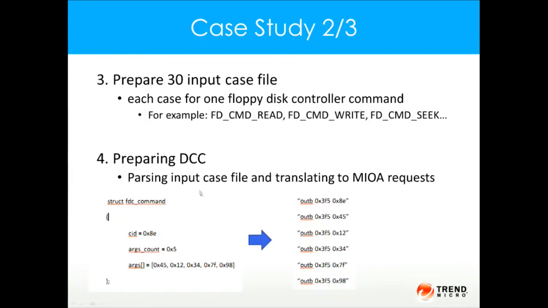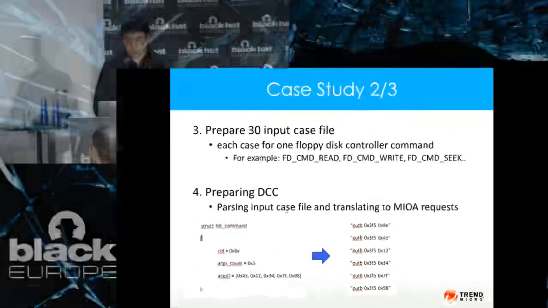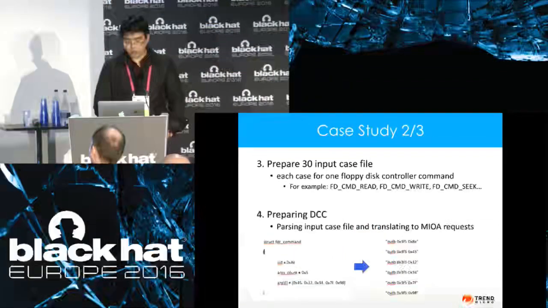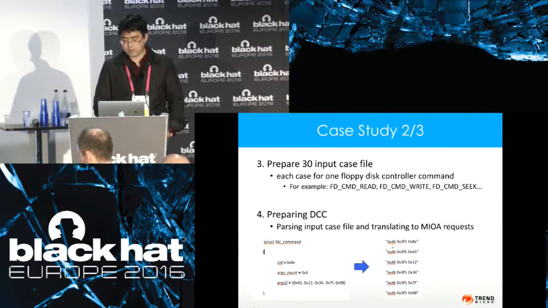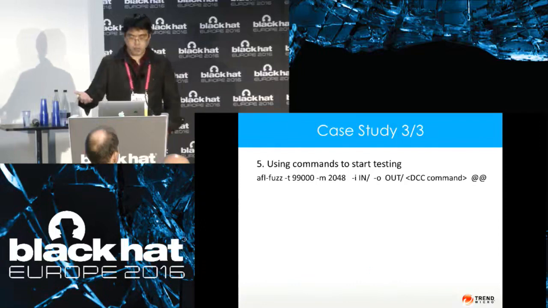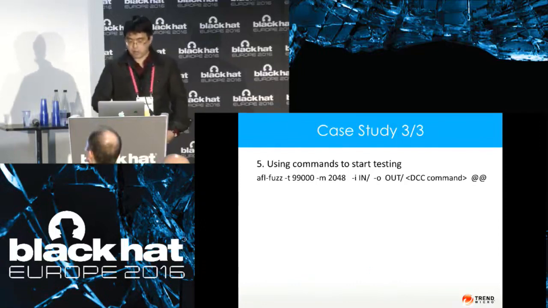And also, we will try parsing in our DCC. The DCC will parse the input file into IO requests. For example, it means output to port 3F5 with the value 8E, a special value, and so forth. And finally, we will use AFL fuzz to launch our device control client.